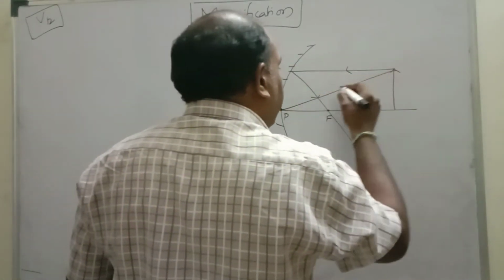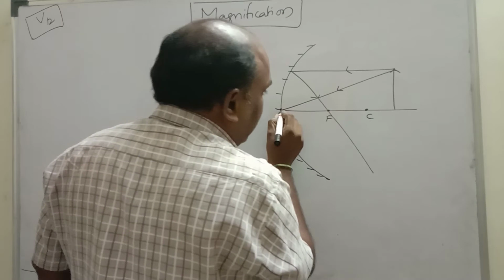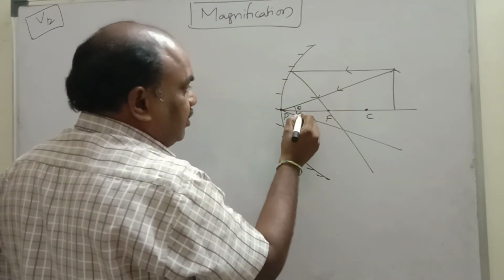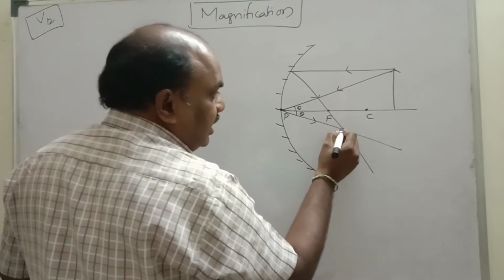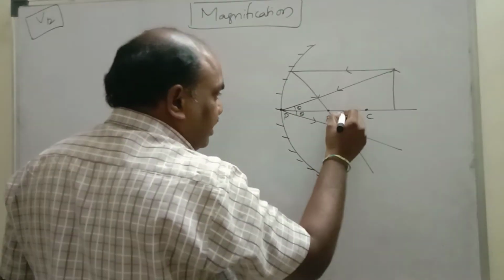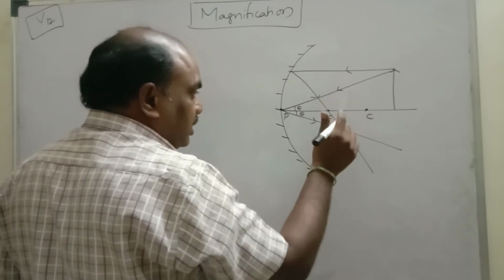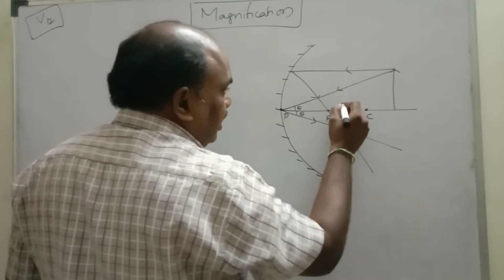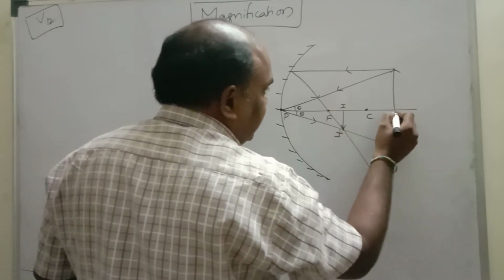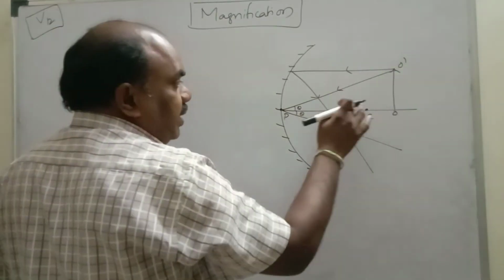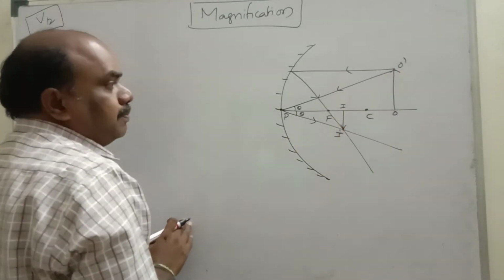One more incident ray I am taking from the pole. Why? Because I want the angle, so that this is the reflected ray, angle of incidence and angle of reflection both will be equal. Here the image forms, this is the height of the image, from the principal axis to the intersecting point. Let this be I dash, this be O dash. That means an inverted image forms. O becomes I, O dash becomes I dash.